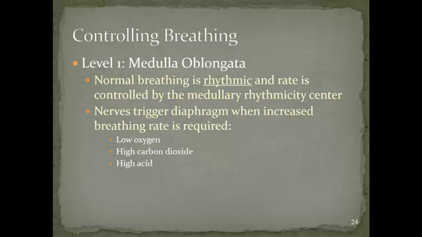In fact, these are listed in the opposite order of importance. High acid will increase your breathing rate much quicker than low oxygen will, actually. Okay, so high acid and then high carbon dioxide and then low oxygen, which are detected by chemoreceptors, will trigger breathing rate to increase.